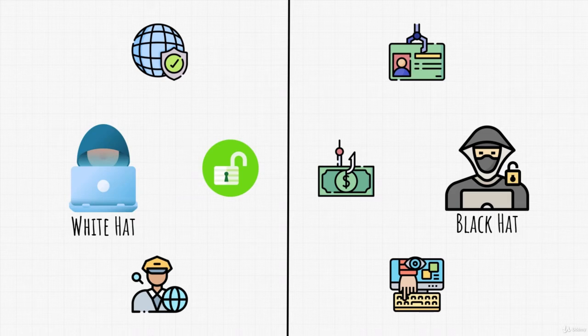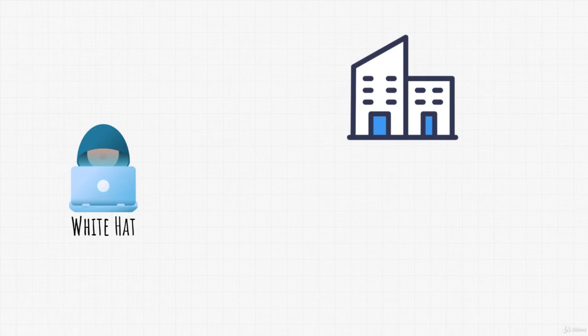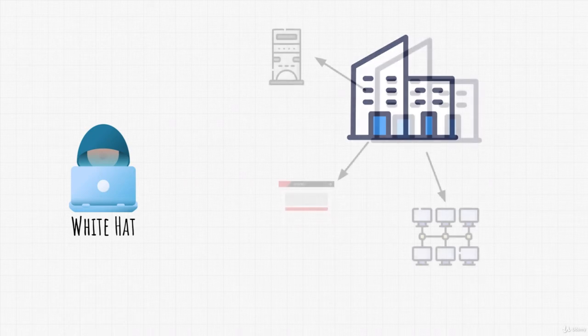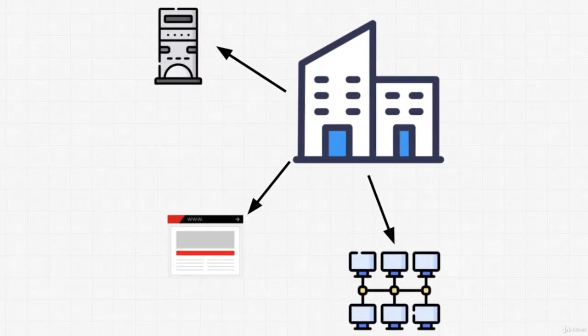An example would go like this. We get hired by a certain company. That company could have a website, different networks with computers inside the building where, for example, employees work. It could also have large servers and databases holding important company data.